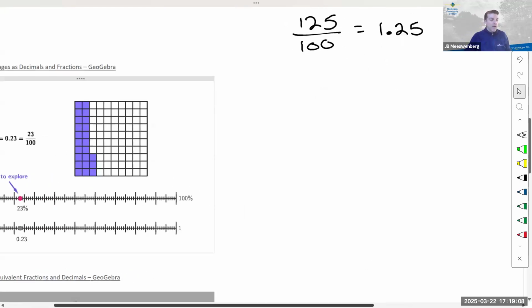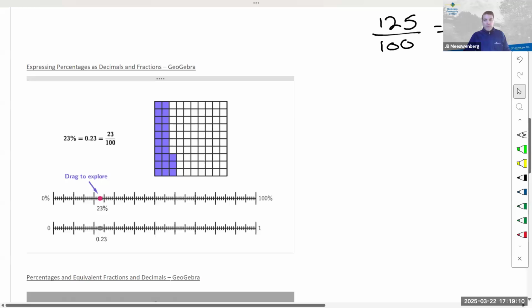I suggest you go play around with them until they make sense and you can make predictions. What you're going to see here is a red dot on this percentage bar. So this is a percentage bar with dashes at each individual whole number percent. 0 on the left, 100 on the right. You'll notice currently it is at 23 percent.